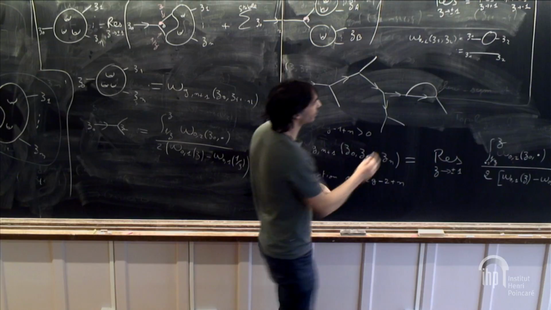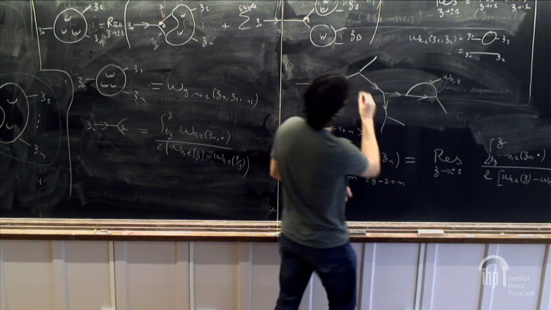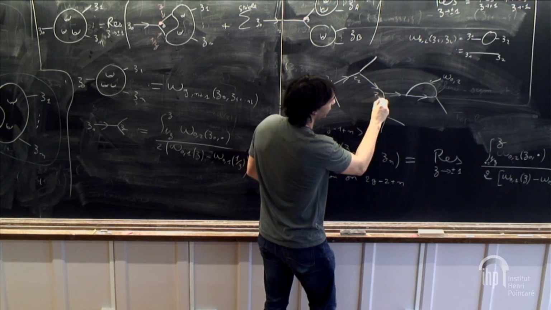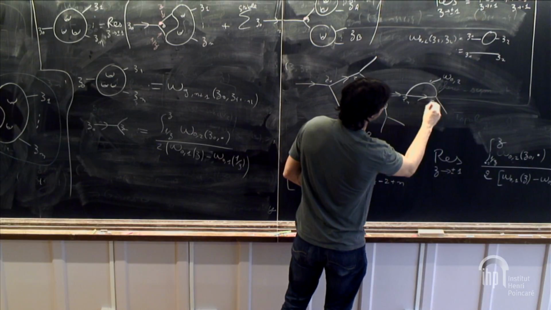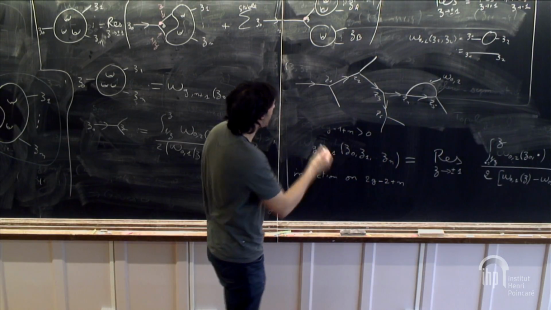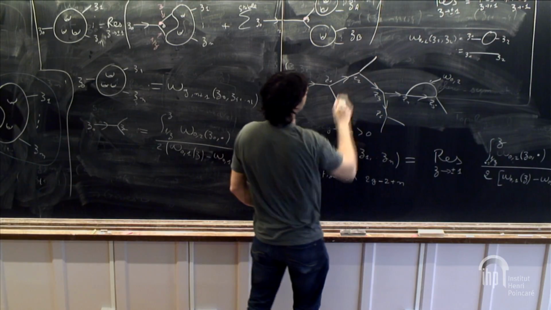What you do is that you associate some omega 0,2. So you associate to each vertex Z1, Z2, Z3, Z4, Z5, Z6, some dummy variable. Then this corresponds to some variable Z0, Z1, Z2.